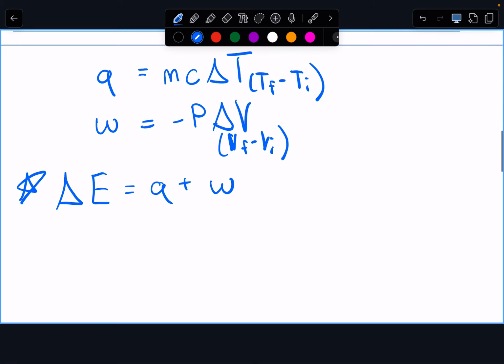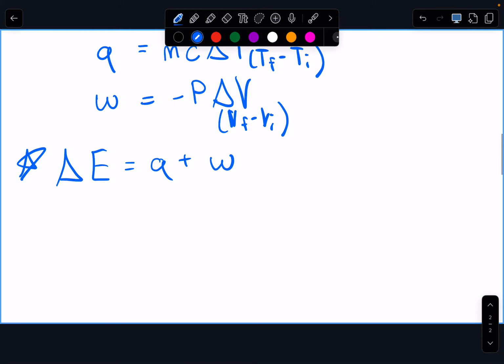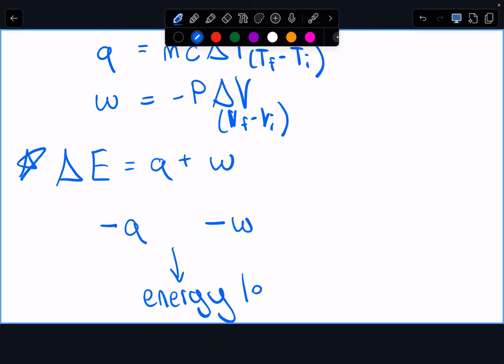Okay, so there's a slide in the notes that talks about this in detail, but overall, you want to know that a negative Q and a negative work both mean that energy is leaving the system.